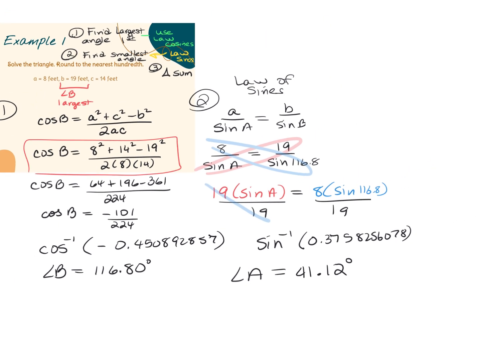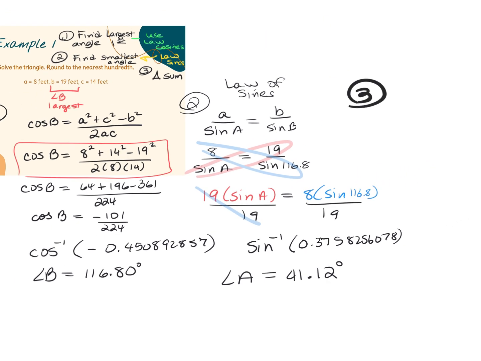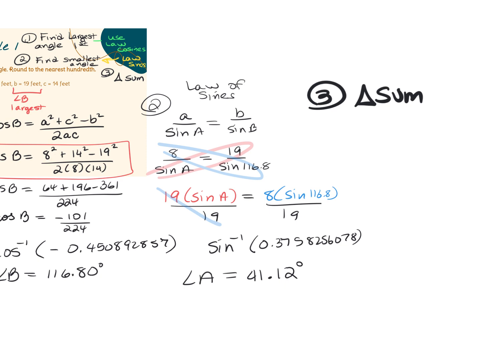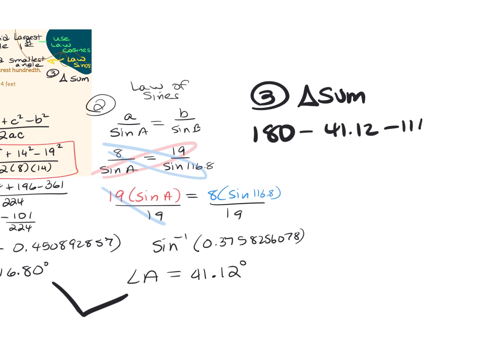And now lastly, step 3, we use the triangle sum. Probably what would be the easiest for you to do is instead of adding these two, just do 180 minus the first angle you just found, minus the second angle you just found, and that'll give you the last angle, angle C. Sorry, I looked at the wrong number.